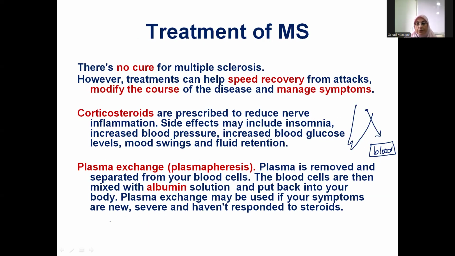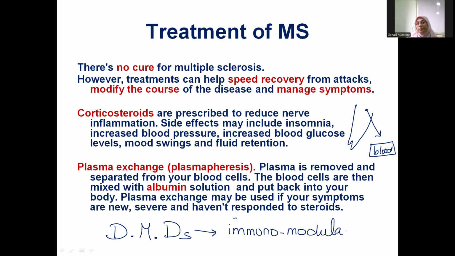There are, of course, other medications called disease-modifying drugs, and they are considered immunomodulators, meaning that they modify the course of the disease.